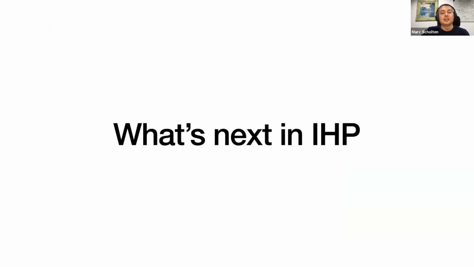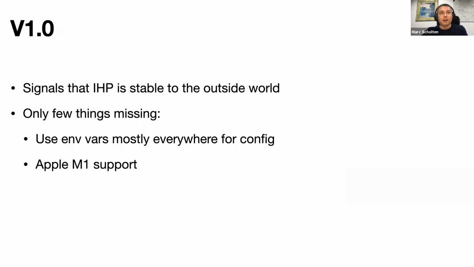Now let's talk about what's coming next in IHP. One of the major things is version 1. We are a bit over time. Our expectation was to release it in February this year, so it's always a moving target.